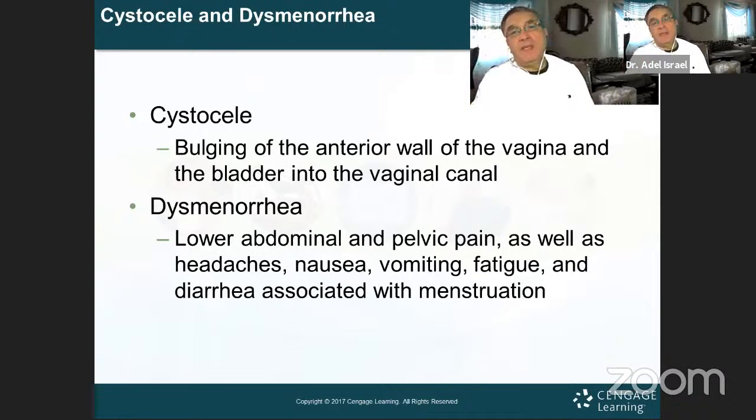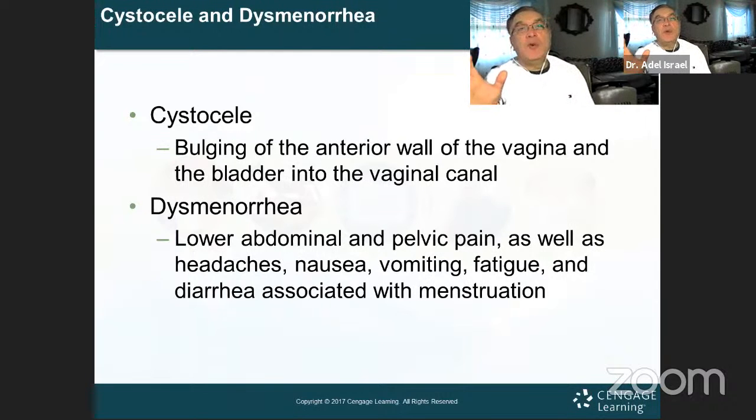Menorrhea means menstruation. And when we have the prefix DYS, it means difficult or bad. So sometimes the lady has a problem, pain, colic during the menstrual cycle, and she feels very annoyed and in pain. And this is what we call dysmenorrhea.